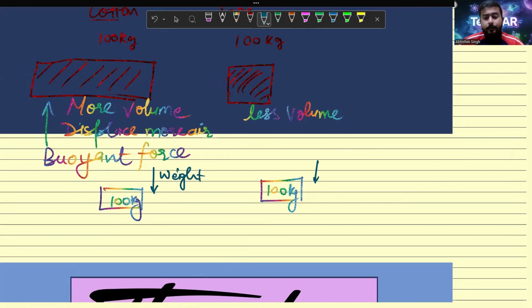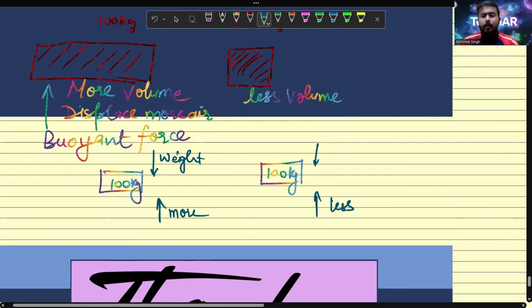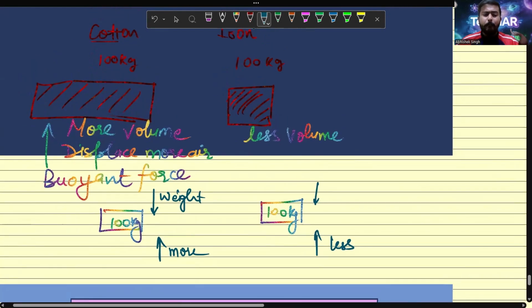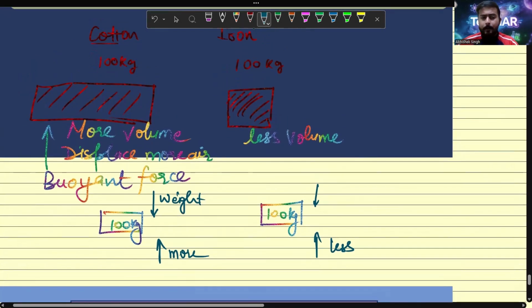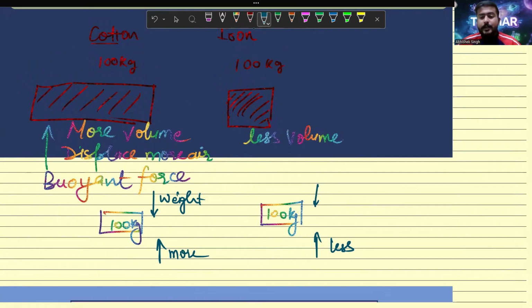But here, the buoyant force acting on cotton is more, and the buoyant force acting on iron is less. The upthrust is less. That means the cotton is experiencing more force and the iron less force. Still, they have the same weight on the weighing machine.